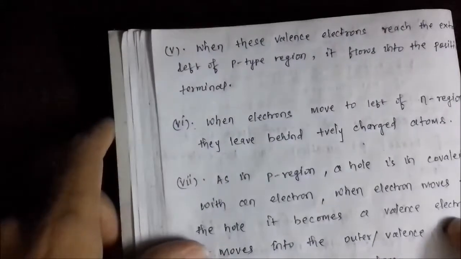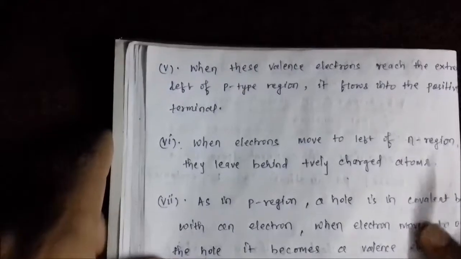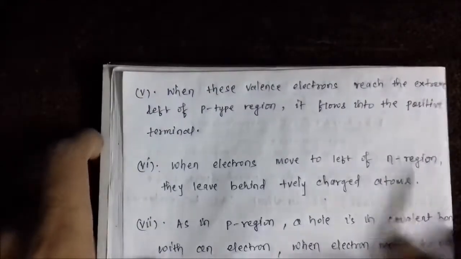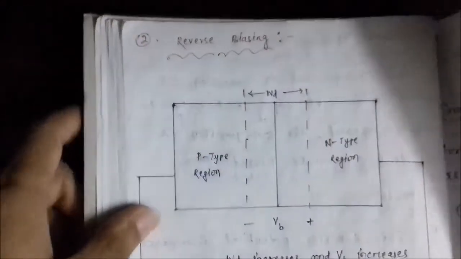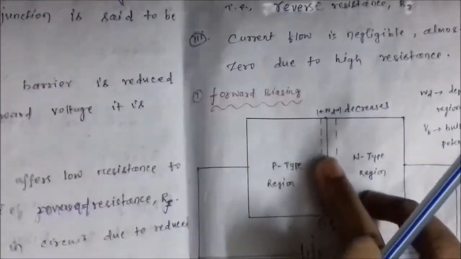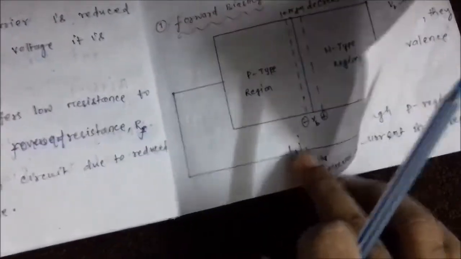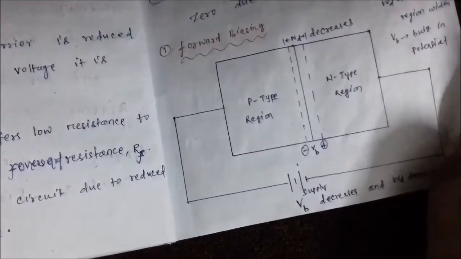I told you in my earlier introductory videos about the concept of p-type and n-type semiconductors. Then these valence electrons flow to the positive terminal. Those electrons traveling through the p-type region then flow into the positive terminal. As a result, a current flow takes place.